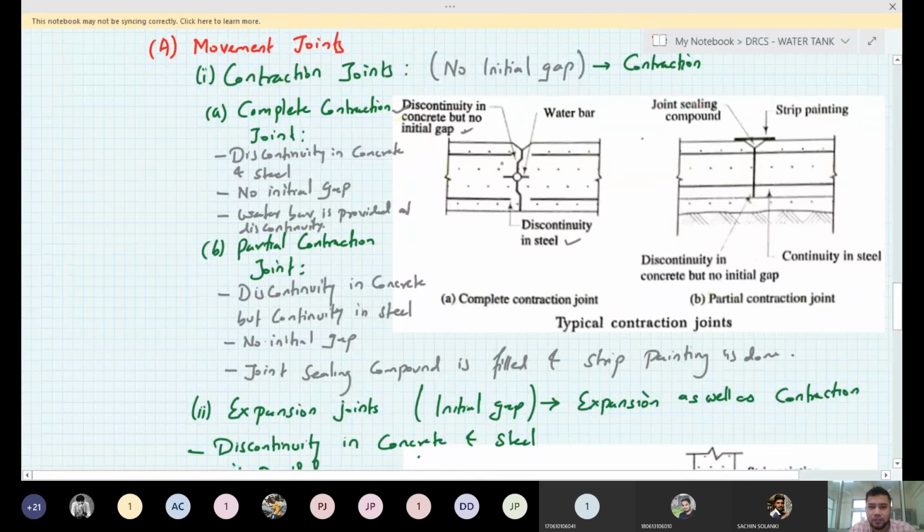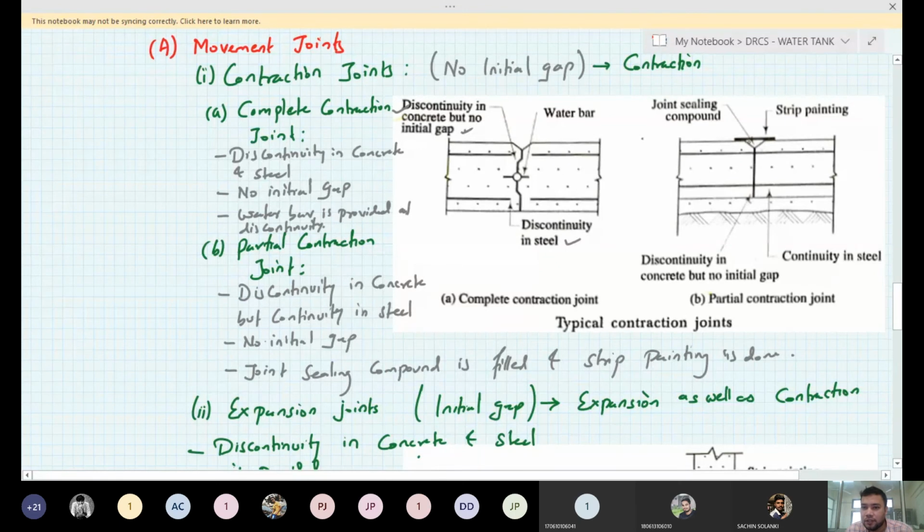In complete contraction joint, there is a discontinuity in both concrete and steel.